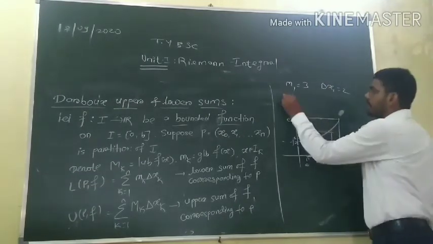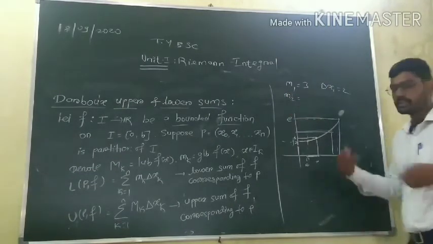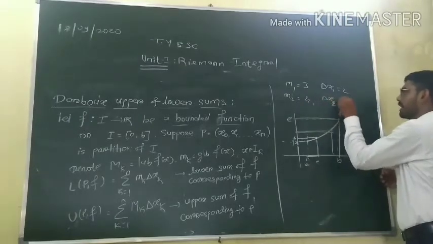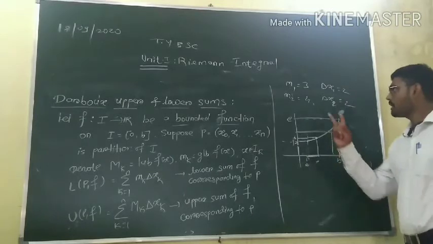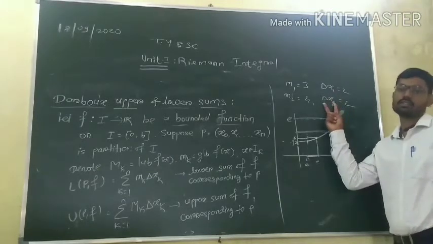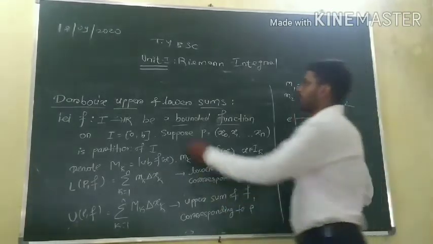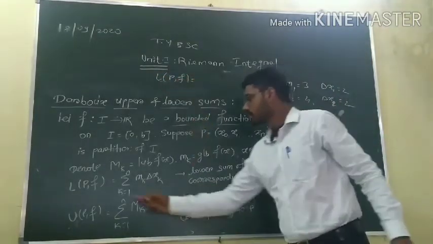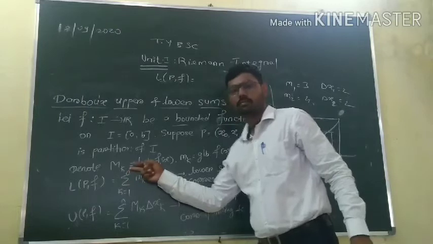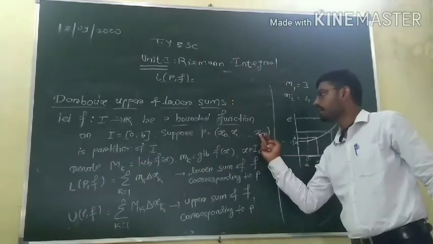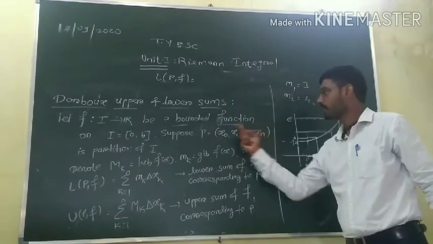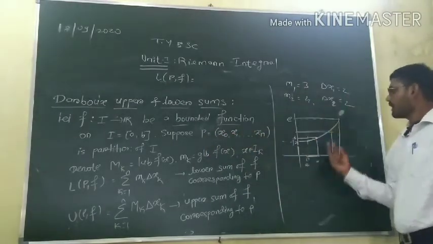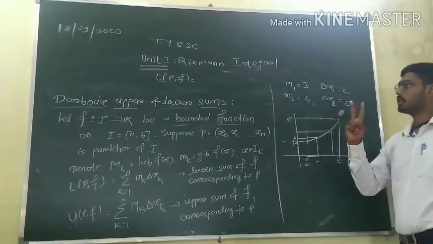Similarly, we will get some value of m2, say 4, and the length of the second interval is again, say, 2. Suppose we have taken only 2 sub intervals, then the lower sum becomes the following. Now the sum varies from 1 to n because we have taken n intervals, that is n plus 1 elements, in this partition. Here we have taken only 2 sub intervals, so the sum varies only 2 times.